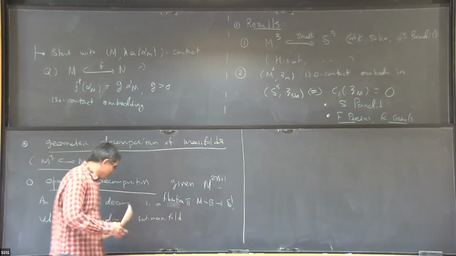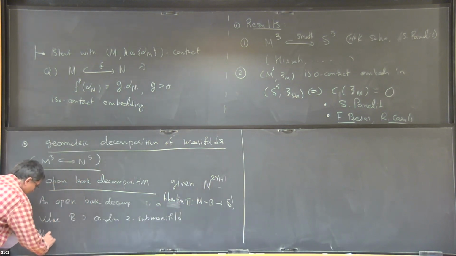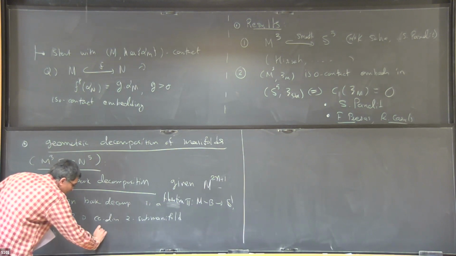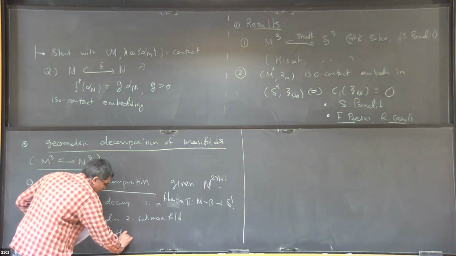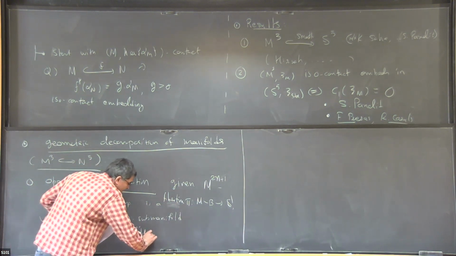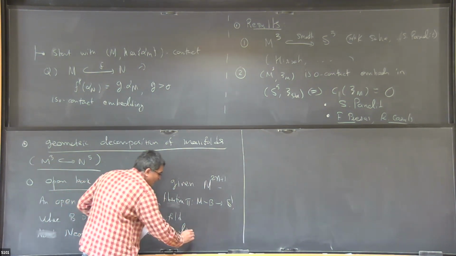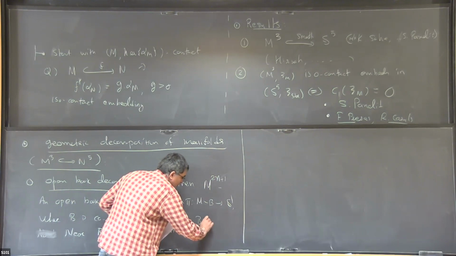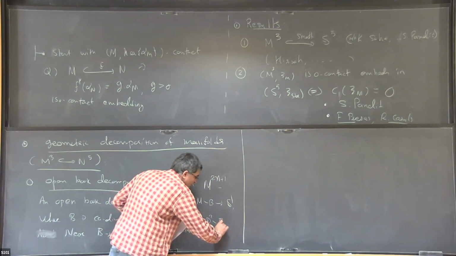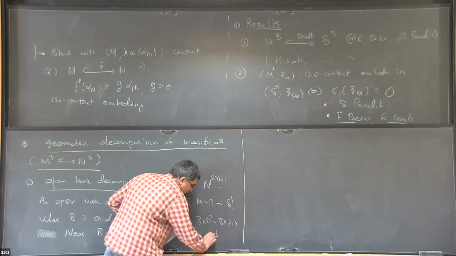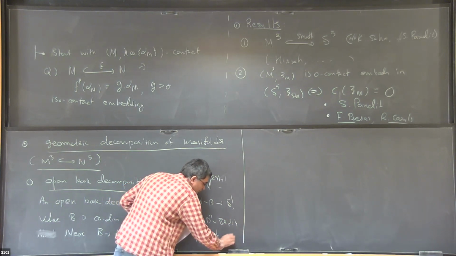And near B, the fibration looks like B cross D2 minus B cross 0, and just maps (r, theta) to theta.